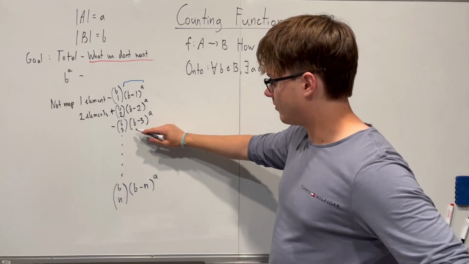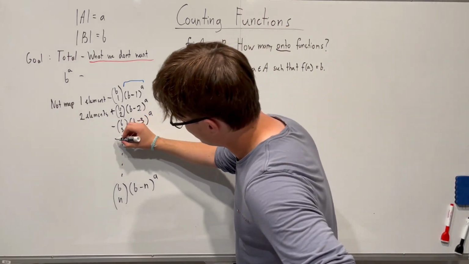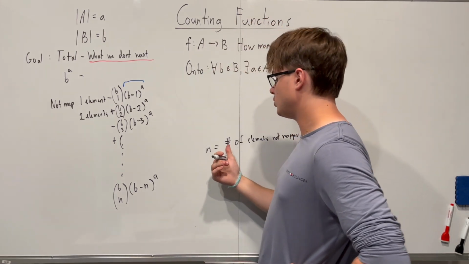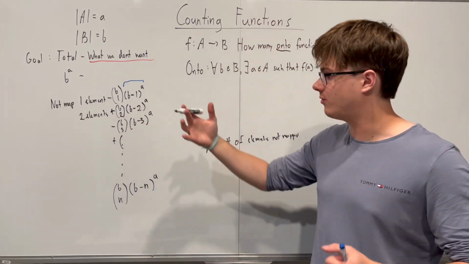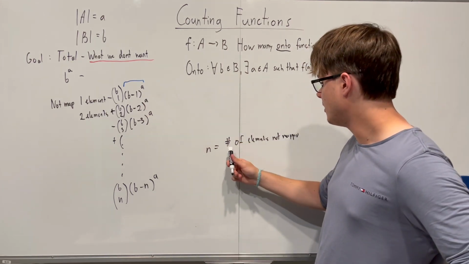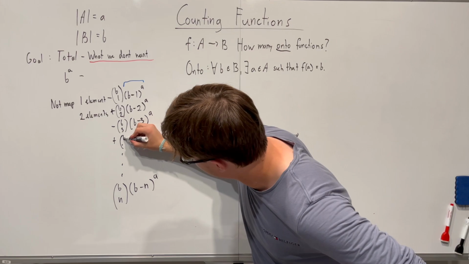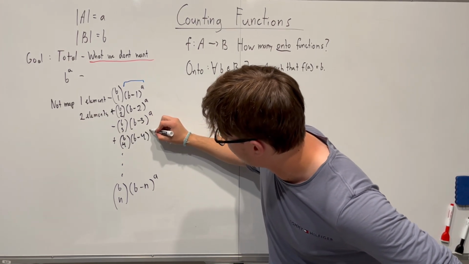So you're going to notice we're going to have a negative here. You're going to double count again. So what are we going to do to fix that? Well, the next one over, we're going to just do addition. When we're choosing 4 elements, the next consecutive logical choice, choosing 4 elements to not map, we're going to make that positive. We're going to make it B choose 4 times B minus 4 to the power of A.